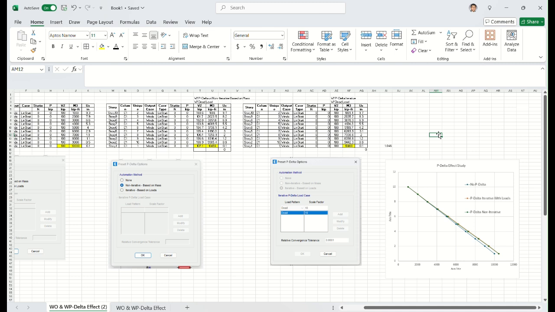So why don't you run your model with the P delta, either the non-iterative method or the iterative method, and check your total building story and overturning moment, and check the deflection based upon the wind load. This is a good example, and a tall building structural engineer should consider it during their building design. Okay.